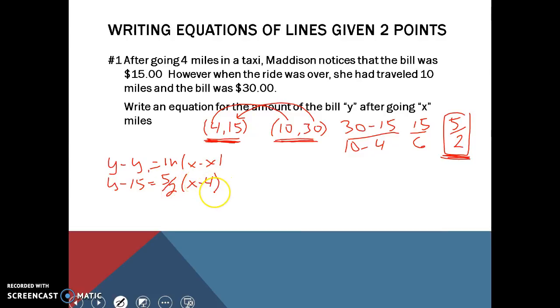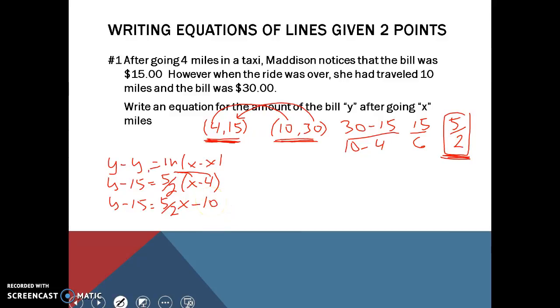So I would start by distributing my 5 halves. I would have y minus 15 equals 5 halves x, but then 5 halves times negative 4, that's negative 20 over 2, which is negative 10.